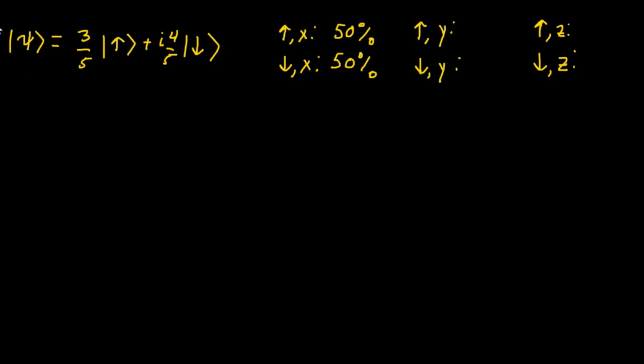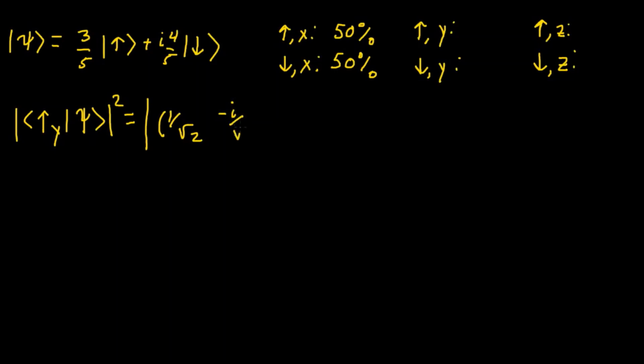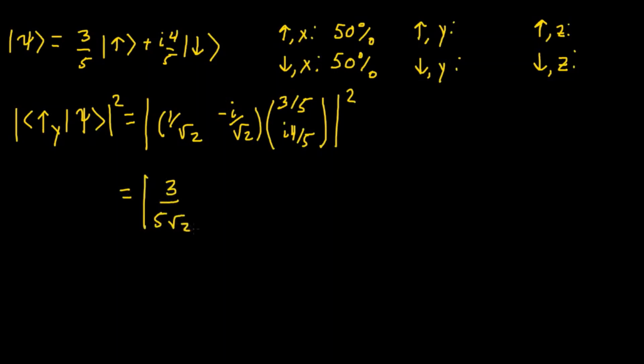Now we're going to calculate the probability that it's going to be spin up in the y direction, and that's going to be given by this. Negative, okay.